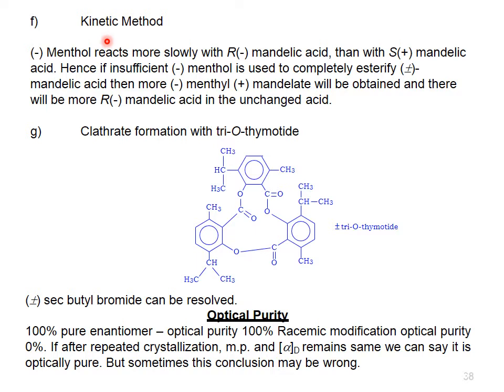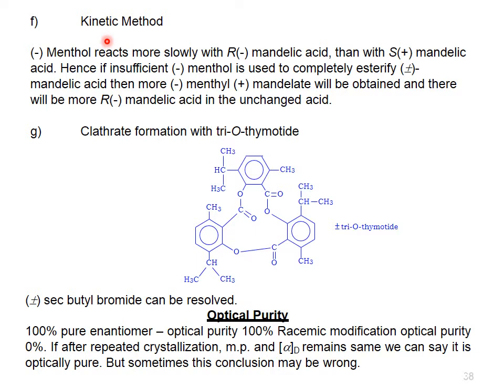There is another term, which is optical purity. 100% pure enantiomer is 100% optical purity, and a 100% racemic modification has zero optical purity. If after repeated crystallization the melting point and specific rotation remain the same, we can say it is optically pure, but sometimes this conclusion may be wrong.